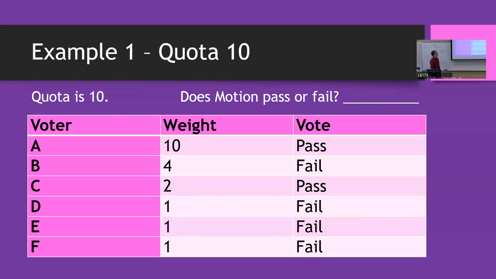So in our example, A was a dictator because, like I said, if A votes to pass by themselves, they hit the quota, so the motion passes. A by themselves is a winning coalition.